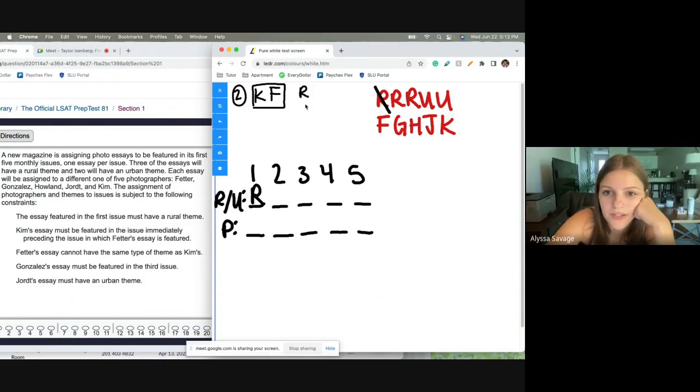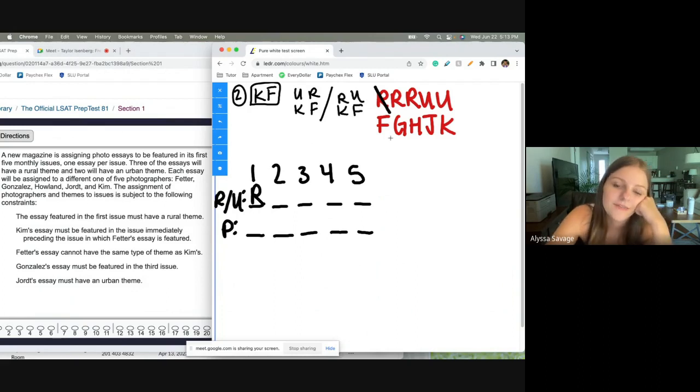Okay, so something like, K is before F. So if U is paired with K, then we know that F is going to be with R. On the flip side, if we know that R is with K, we have K and F, and if we flip them, then we're going to have this.